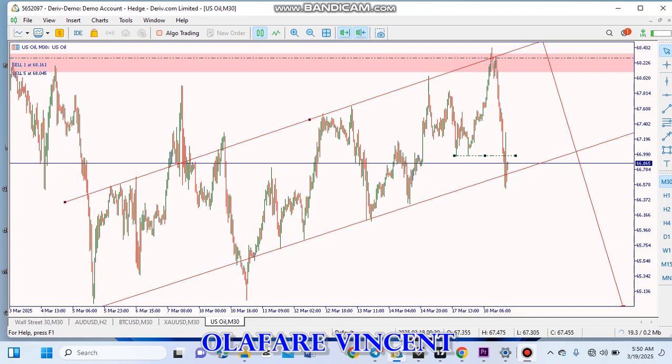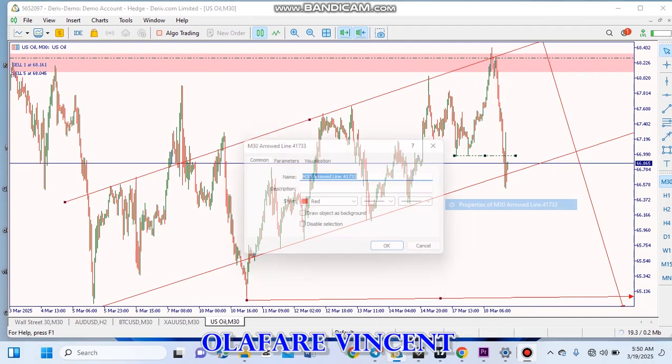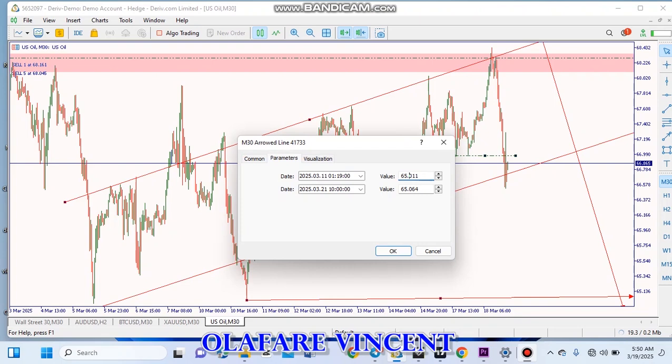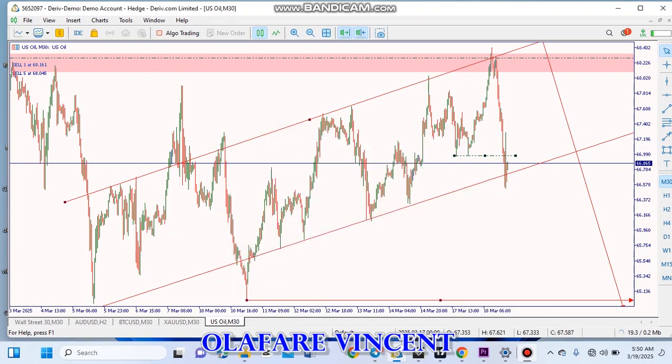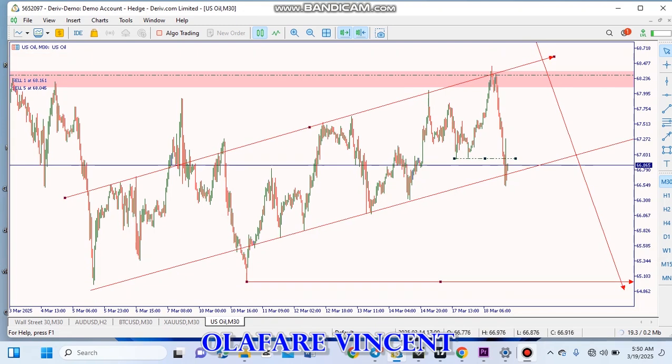We still want to see a continuous sell to this point. We are still waiting for the market to sell to this zone. We expect the market to reach this zone. So let's see how it plays out.